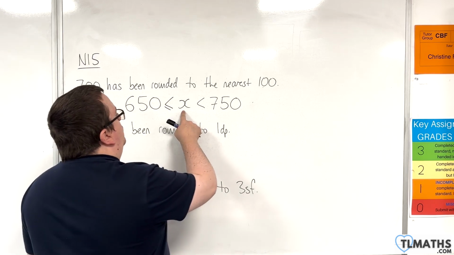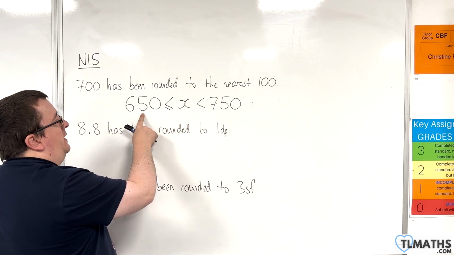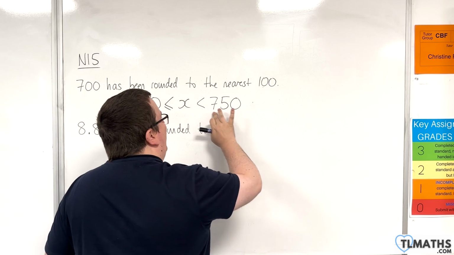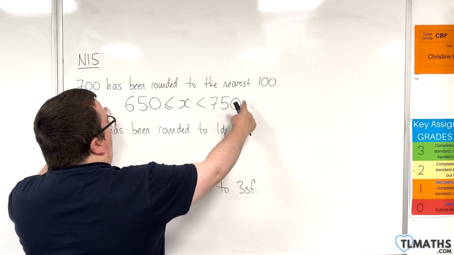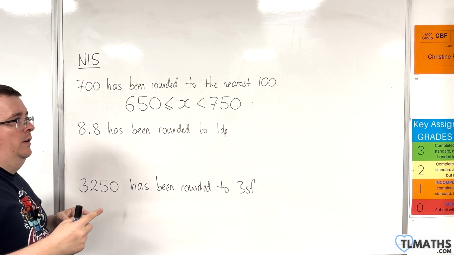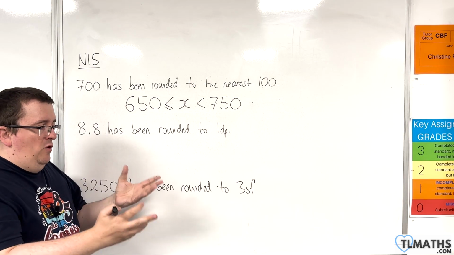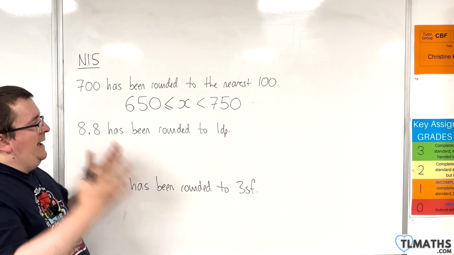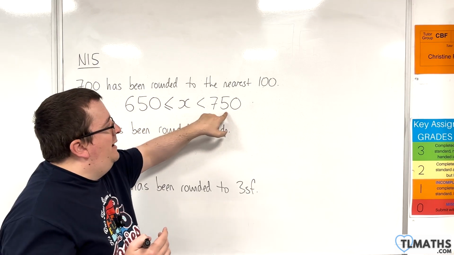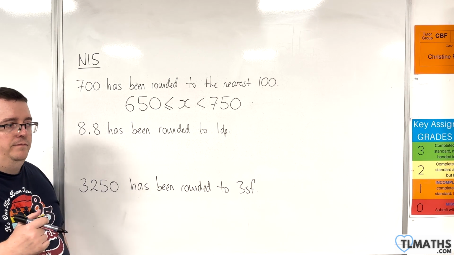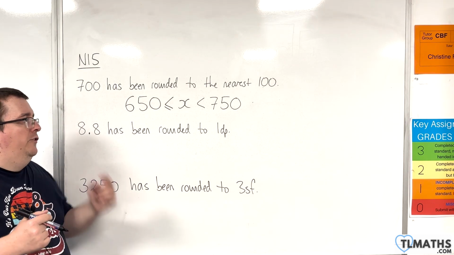So x is greater than or equal to 650, but it is strictly less than 750. And this is the error interval. So the answer to the problem, whatever it was, had to be greater than or equal to 650, but less than 750. Okay?